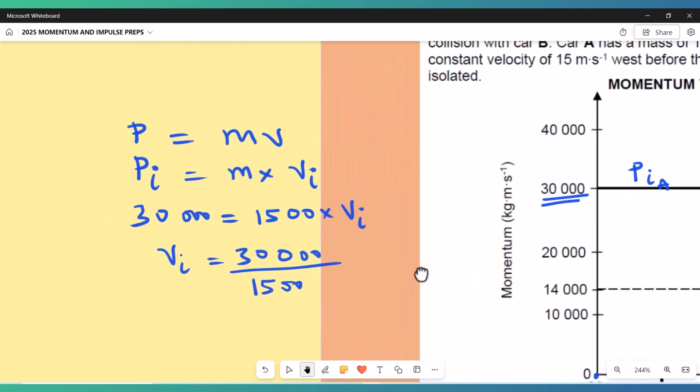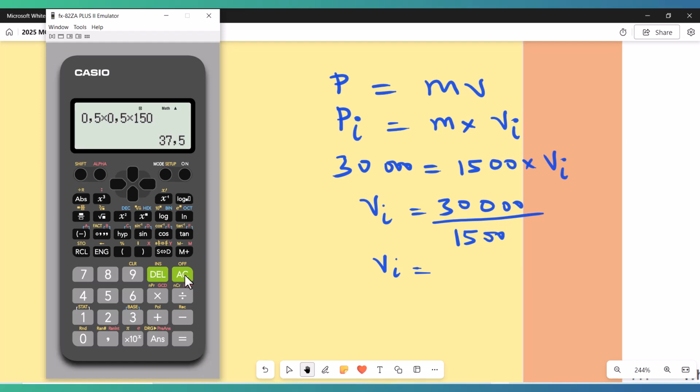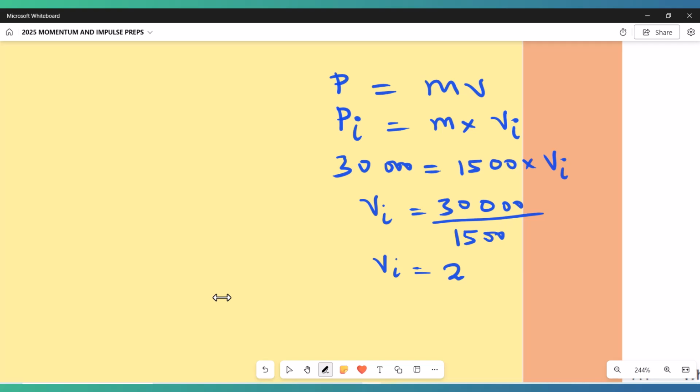If we divide 30,000 by 1500, it gives us 200 meters per second.